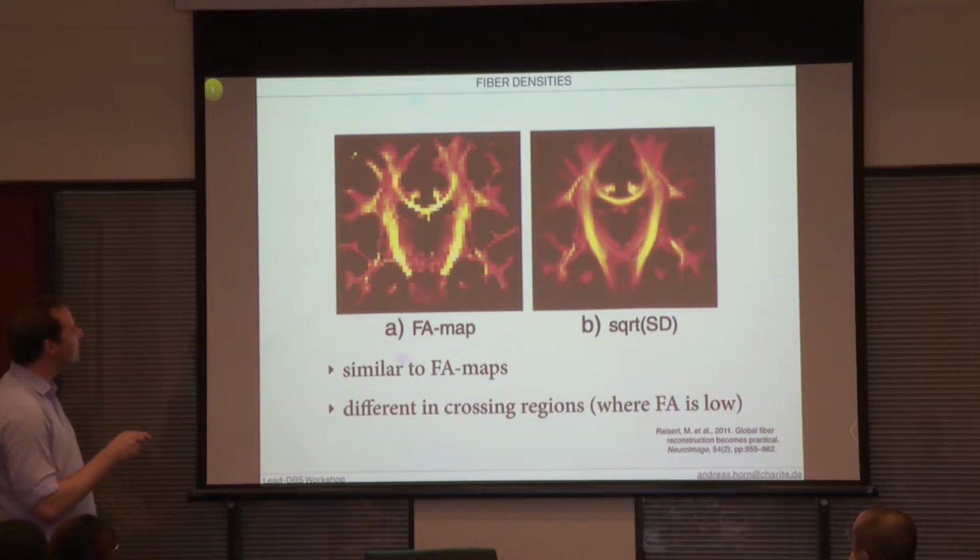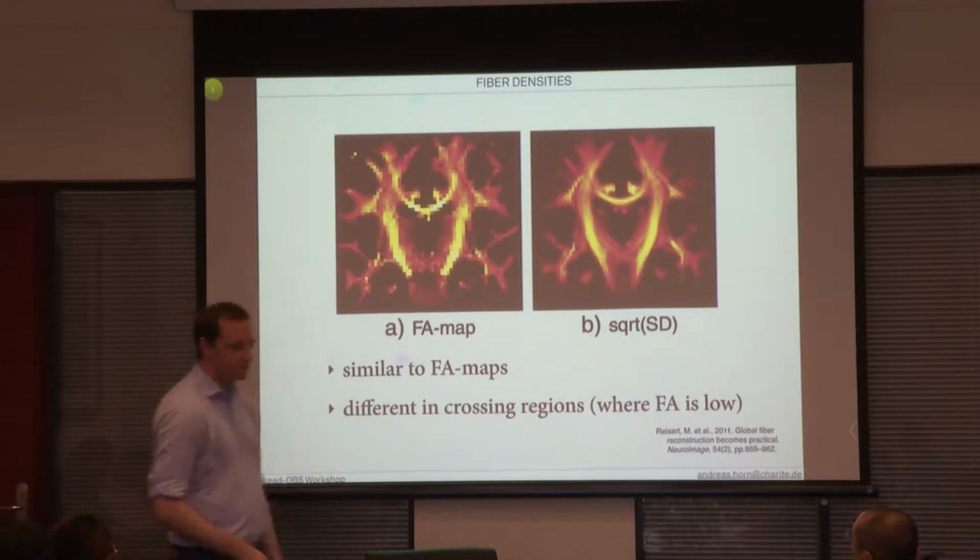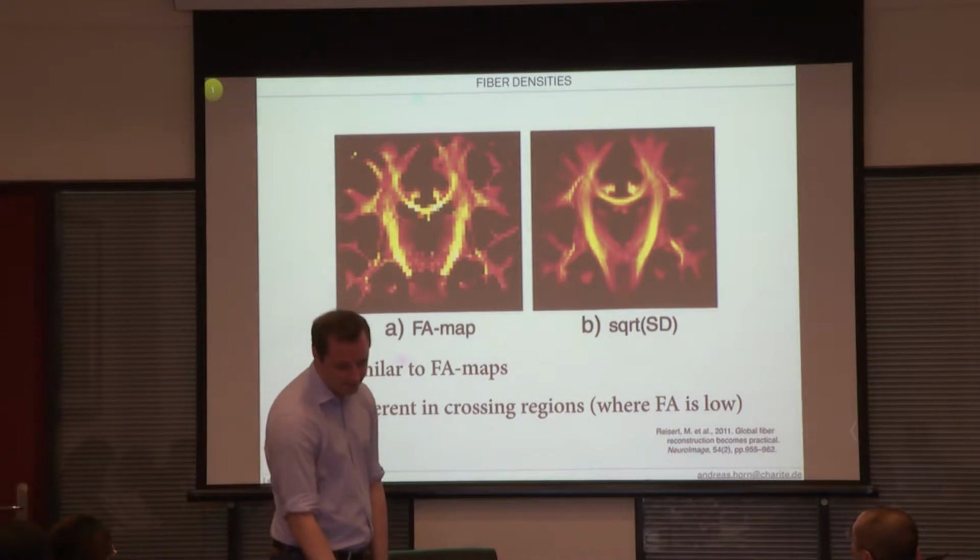You have more water in the crossing region, so more non-directed diffusion. And in their reconstructions of the fiber densities, you don't have that problem, so you can really see that tracts are resolved well in there.